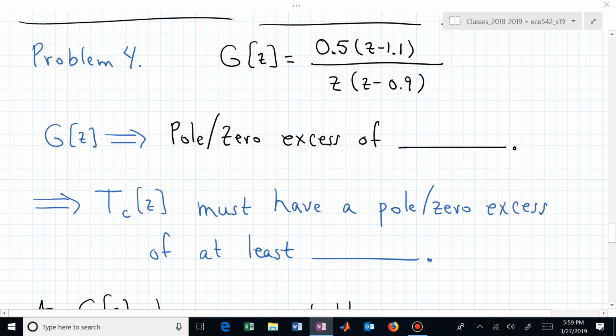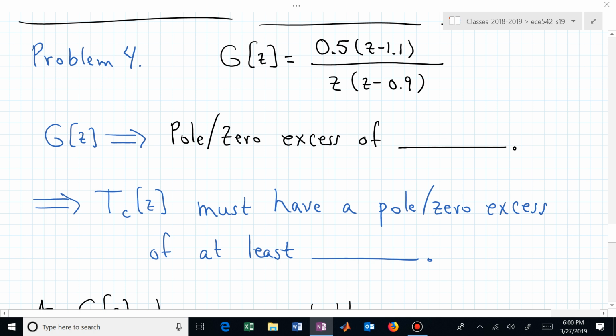Problem 4. I think I give you this transfer function, G of Z, and with this G of Z, the pole zero excess, what is it? These are really, really, really challenging questions, so maybe I'll give you about 30 minutes to, no. So you should be able to instantly see what the pole zero excess of capital G of Z is and fill in the blank.